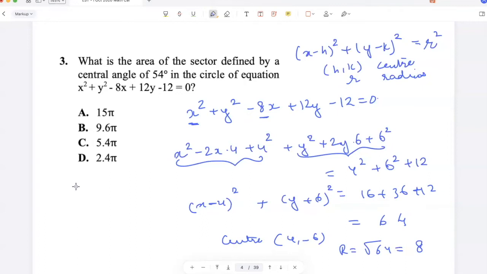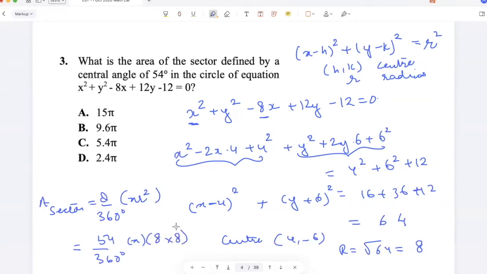So what is the area of the sector with the central angle of 54? Area of the sector would be theta by 360 times pi r squared. So 54 by 360 into pi into 8 into 8, right?